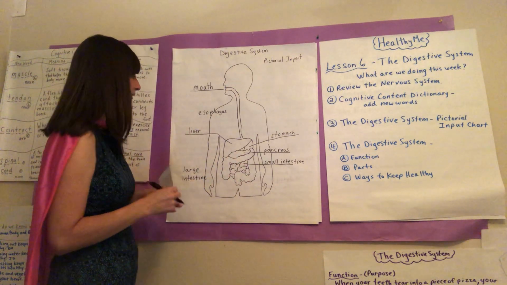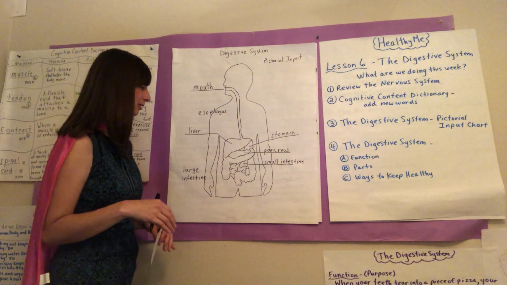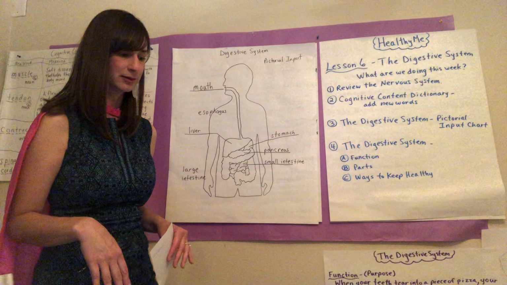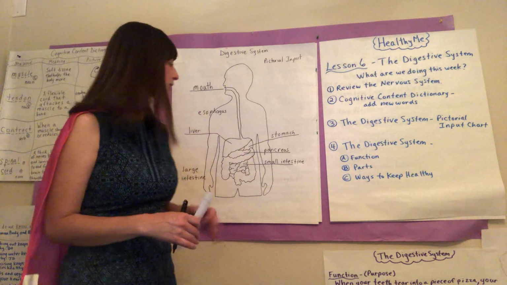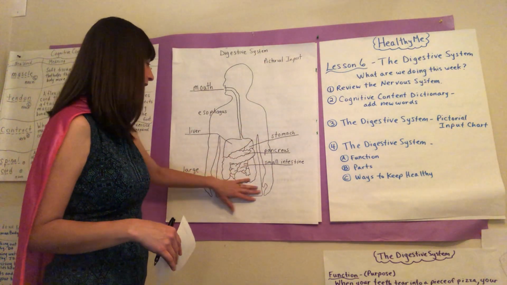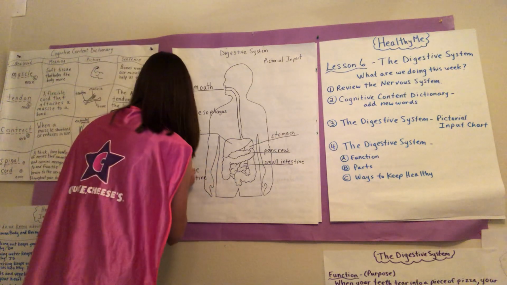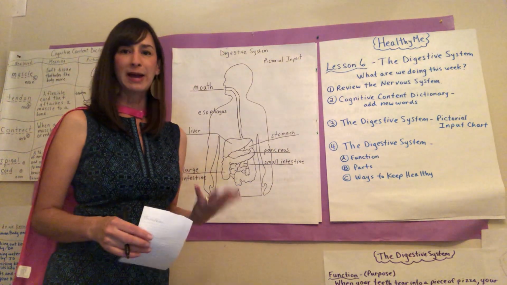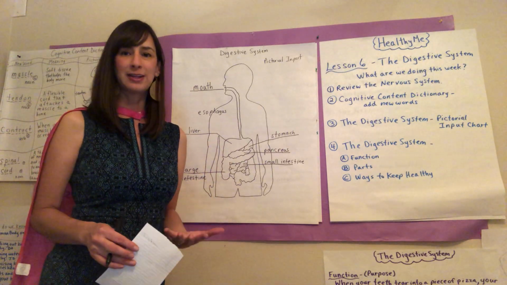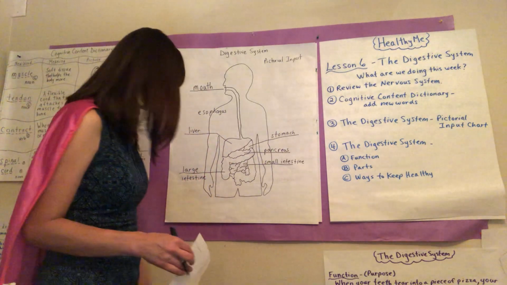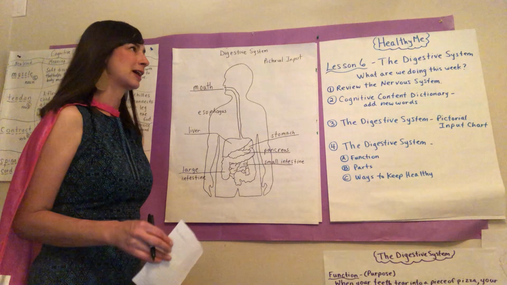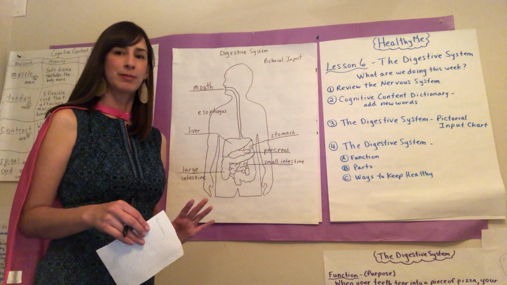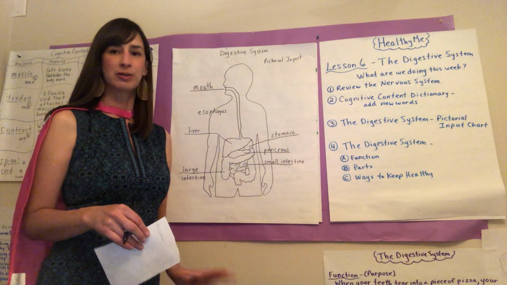And the liver is very important because the liver is what cleans out the food going down through our small intestine and through our pancreas and through our large intestine. It cleans it of bad things like bacteria and things that enter our body with the food, and it kind of filters them out and keeps them from going further into the digestive system so that they don't make us sick.